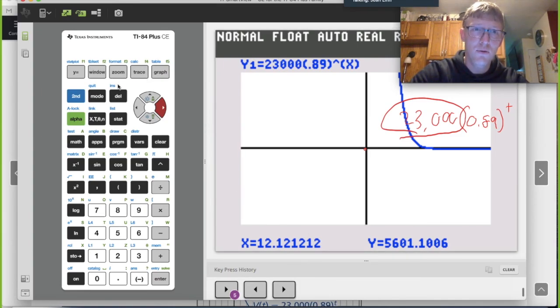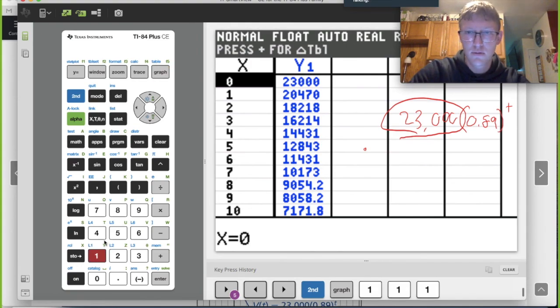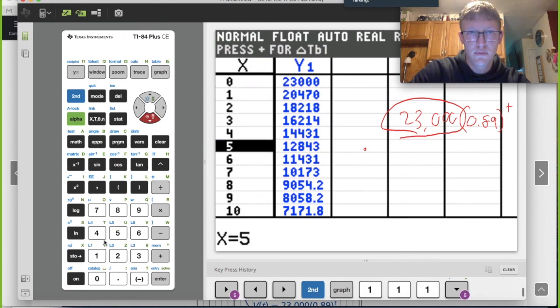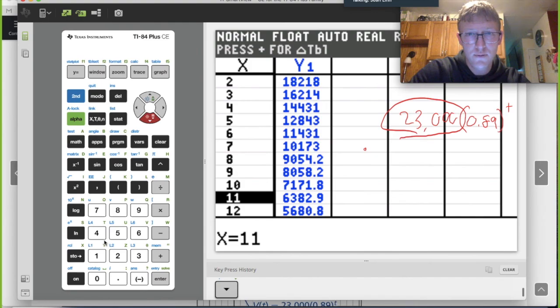So I'm going to come over here to our table. So second table. And let's see, can I enter my own? So I'm just scrolling down until I get 11 or 12.